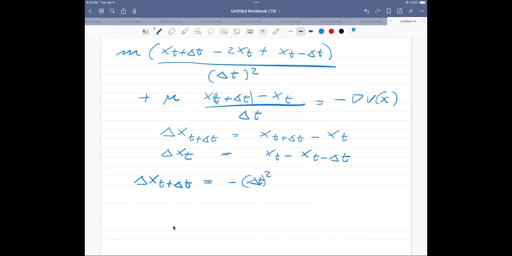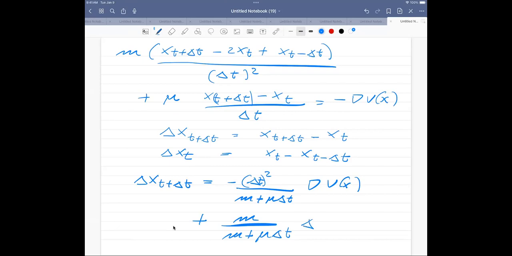So this is a delta t squared, and this has an m plus mu times delta t, and this is multiplied with delta v of x, plus a term which goes like m divided by m plus mu of delta t times delta x of t. And then I'm going to simplify this in the next slide.